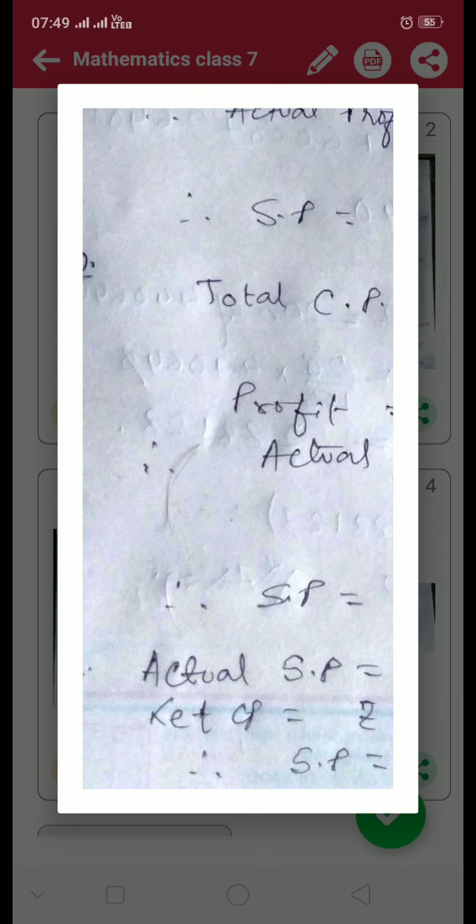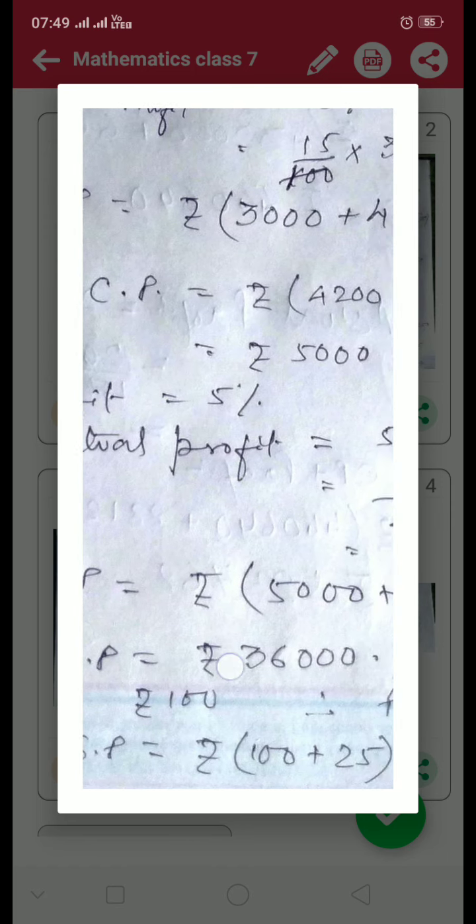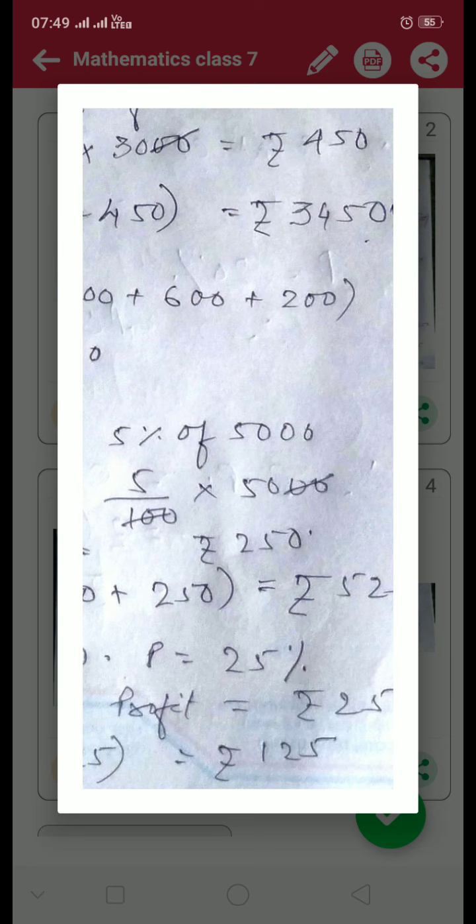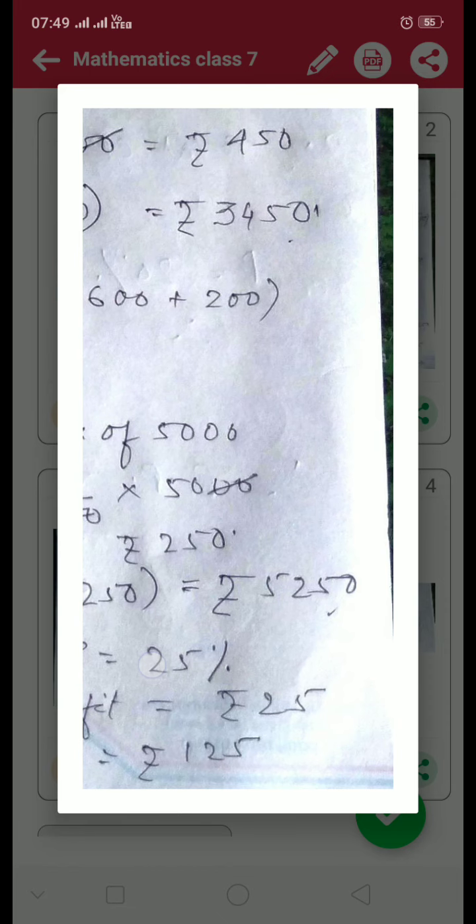Let us start in the same manner, as we have done in finding the CP from SP. Let CP be rupees 100. Profit is 25% of 100, that is rupees 25.